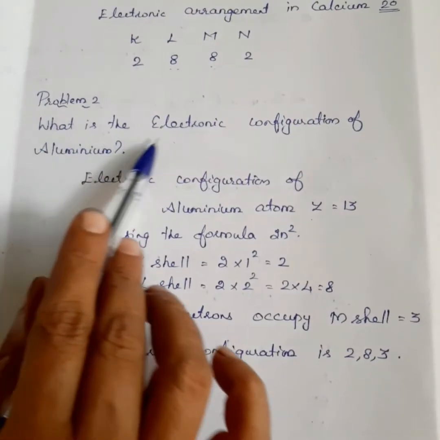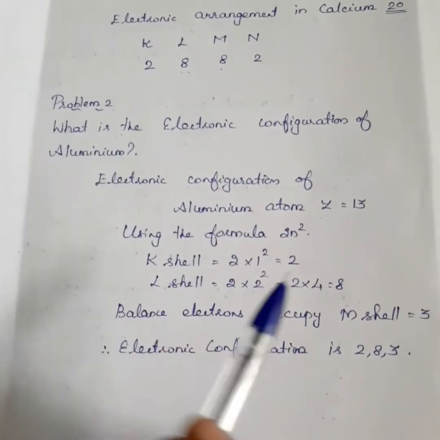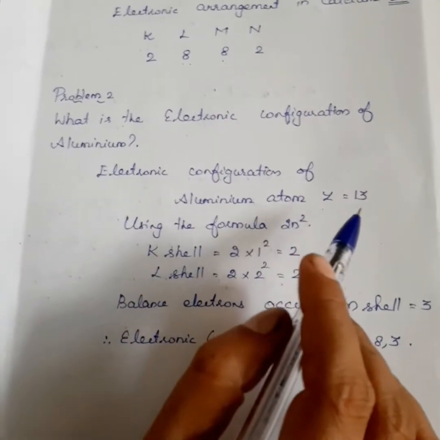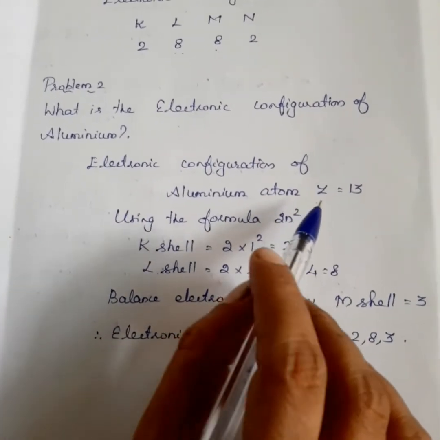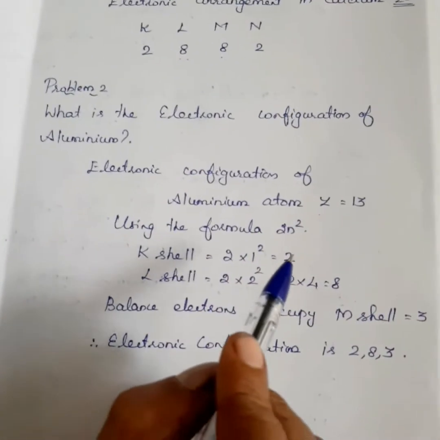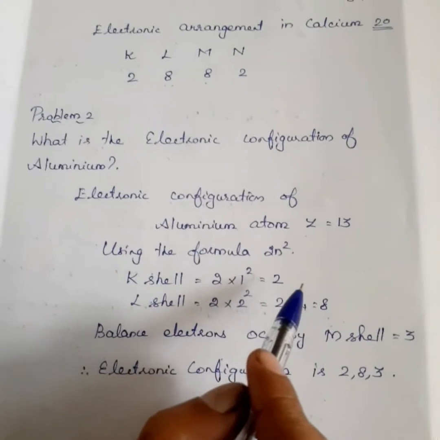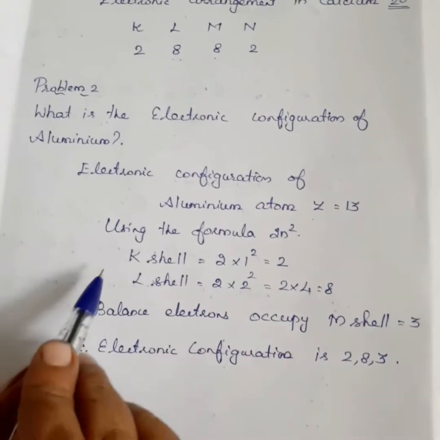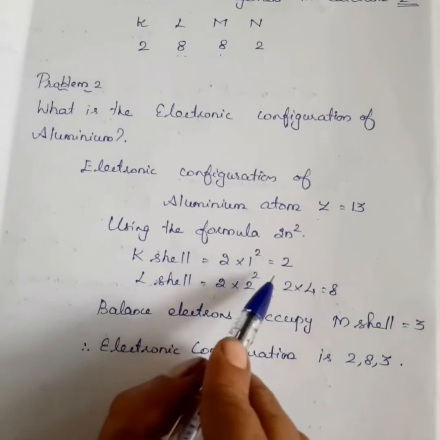Problem 2. What is the electronic configuration of aluminium? Electronic configuration of aluminium atom, Z is equal to 13. Z is the atomic number. So the atomic number is equal to 13. Using the formula, the maximum number of electrons that can be present in any shell is equal to 2n square. So K shell, 2 into 1 square is equal to 2.